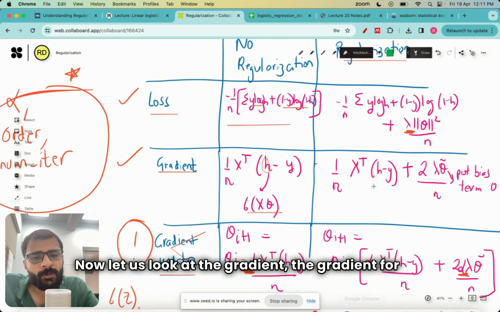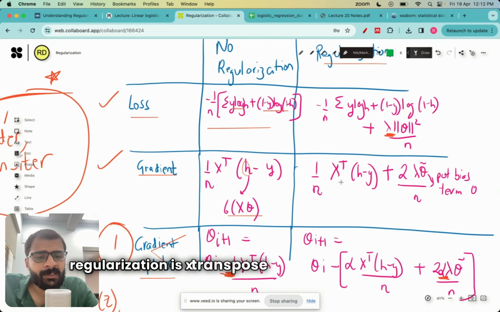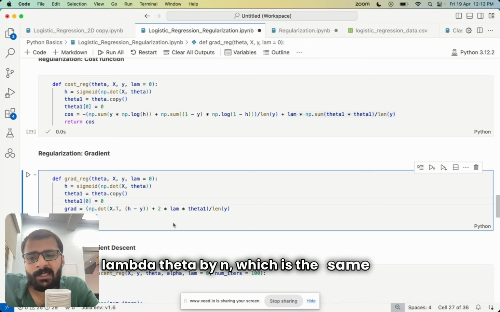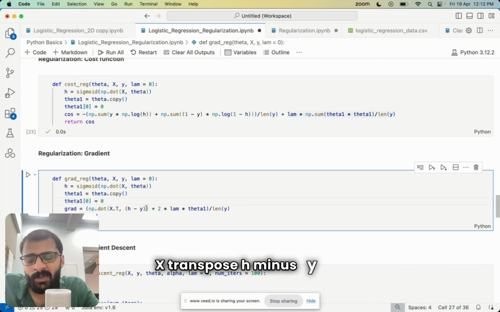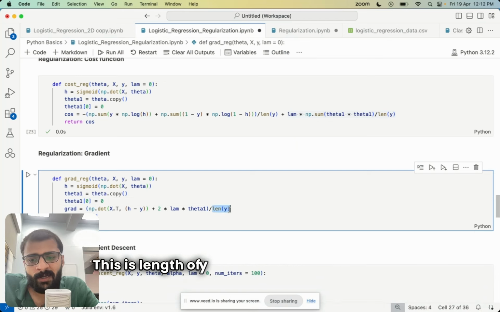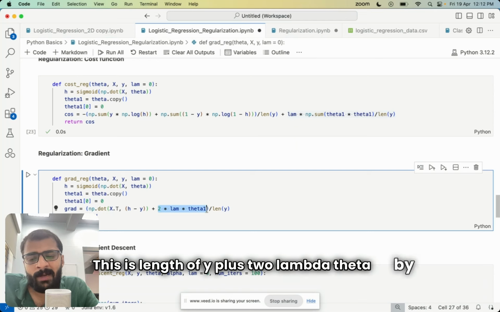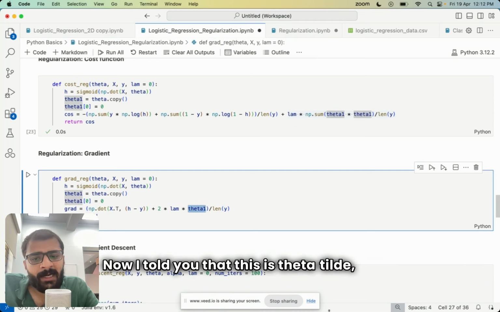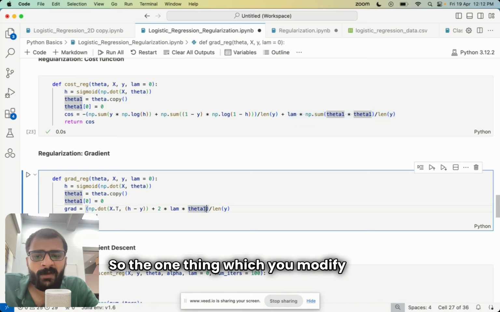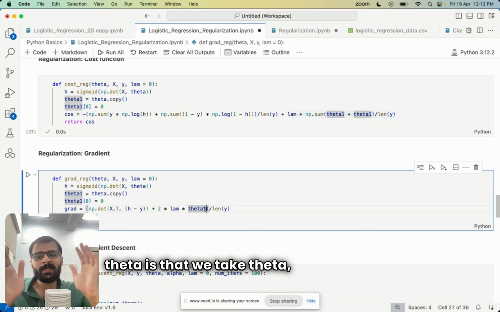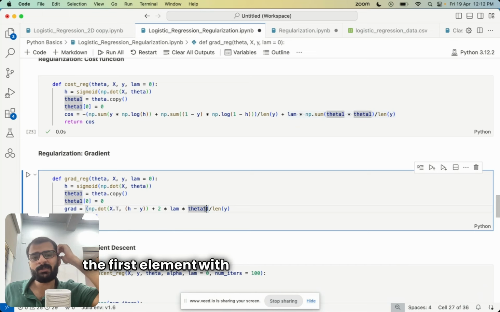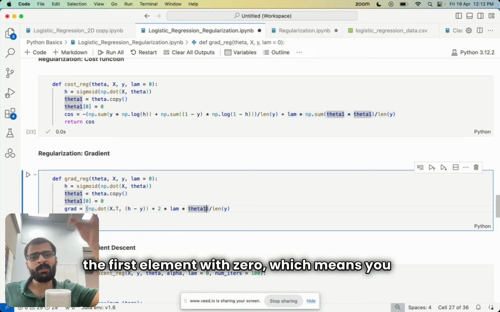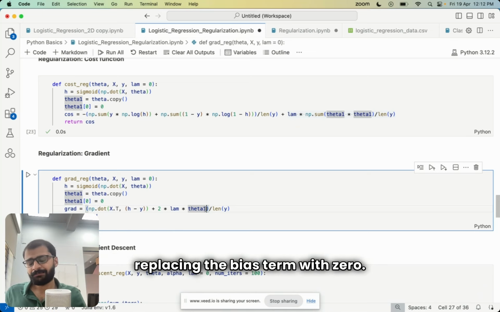The gradient for the regularization is x transpose h minus y by n plus 2 lambda theta by n, which is the same here, x transpose h minus y by n, this is length of y, plus 2 lambda theta by n. Now I told you that this is theta tilde, right? So the one thing which we modify in this theta is that we take theta but we replace the first element with 0, which means we are replacing the bias term with 0.